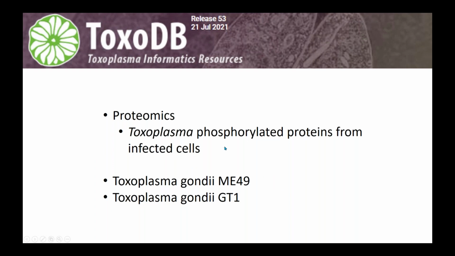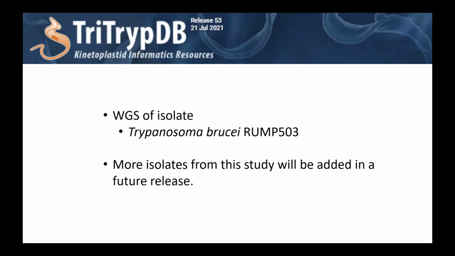I believe this was performed in RH, but we have aligned this data and presented it in ME49 and GT1. So there are actually 2 data sets from 1 study. TriTrypDB received 1 whole genome sequence from the Rump 503 isolate, and there are more isolates from the study which will be added in a future release.